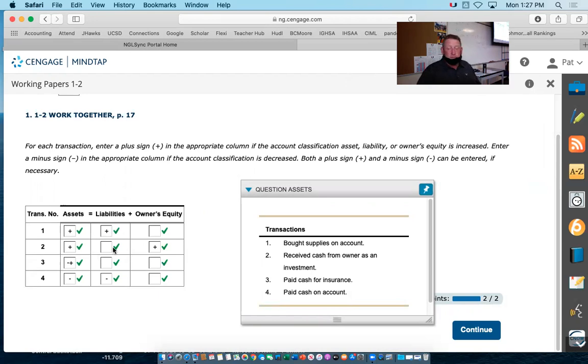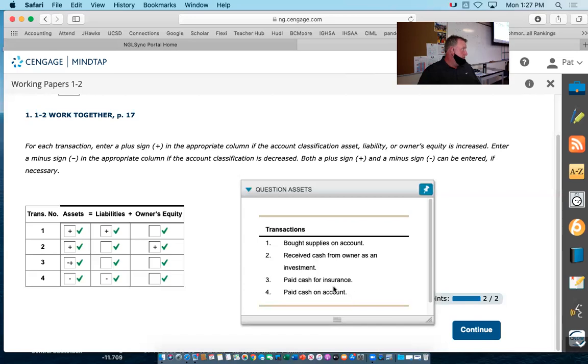All right. Paid cash for insurance. When you see cash, what happens? Paid cash. That's a negative. That means cash is lowering the asset, right? If I had $10, I paid $1, my cash goes down, now I only have 9. Paid cash lowers an asset. But it says paid cash for insurance.